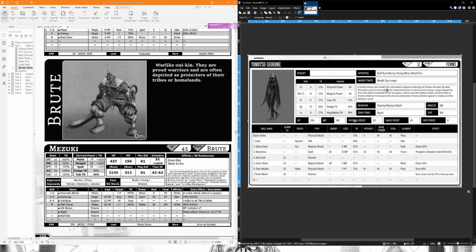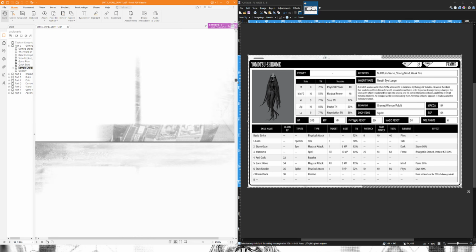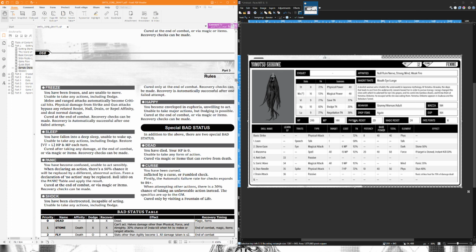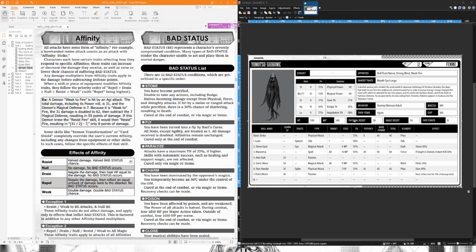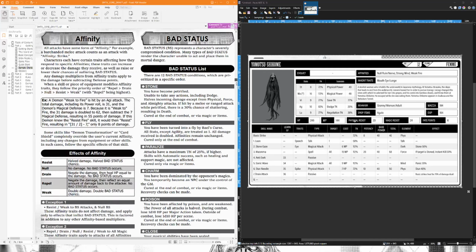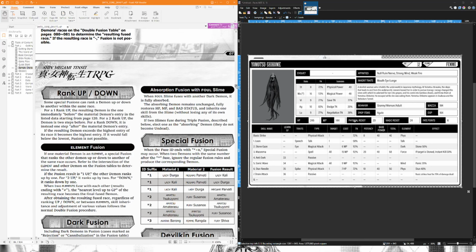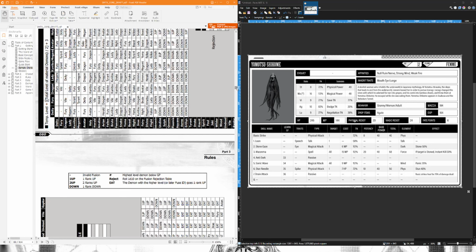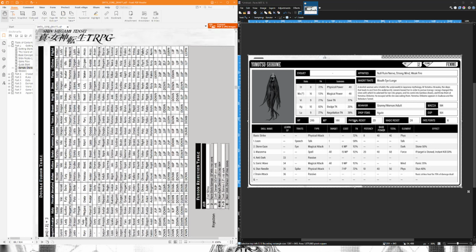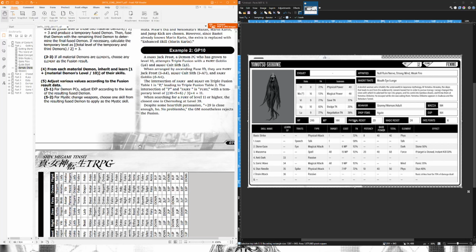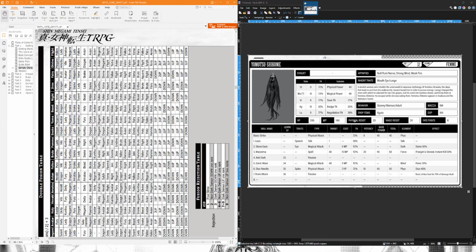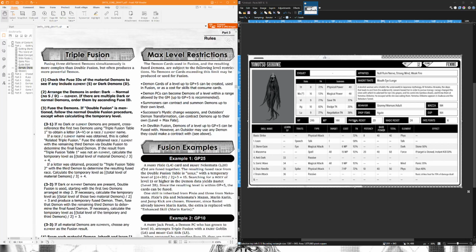Let's see. Next on the thing, so I've talked about this. Aha, so there's new types of actions. There's all the same bad status or ailments as you know. Let's get to fusion. So they have a different fusion chart. The fusion rules at their core are the same, but the options available are increased.